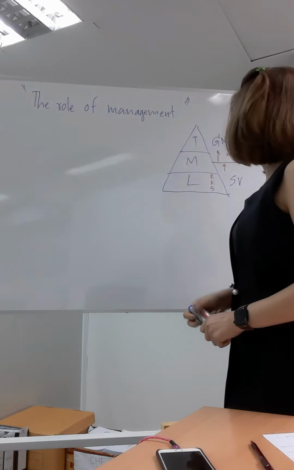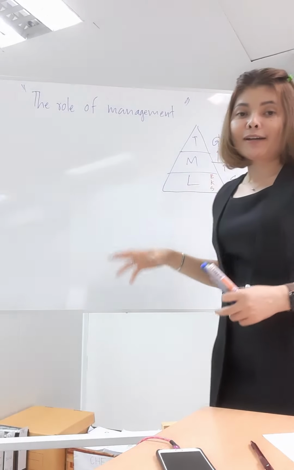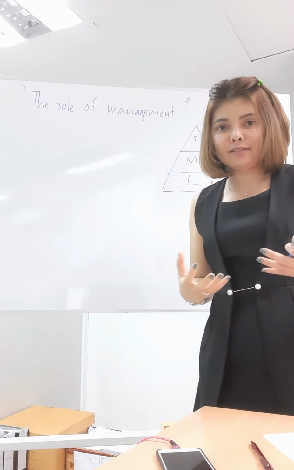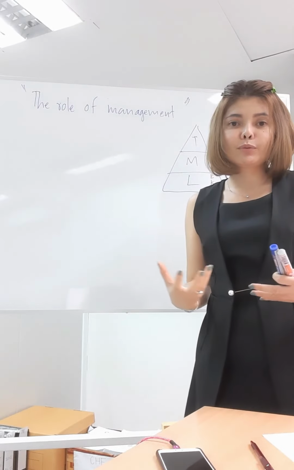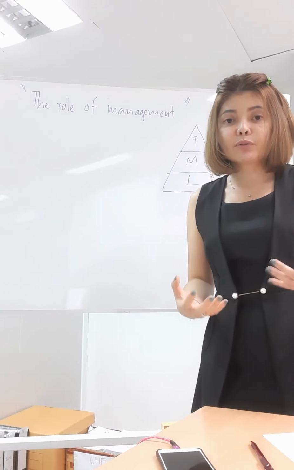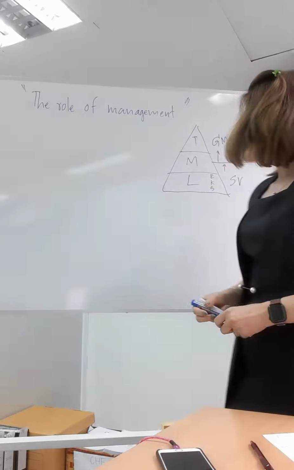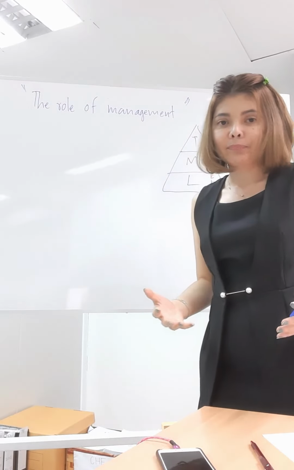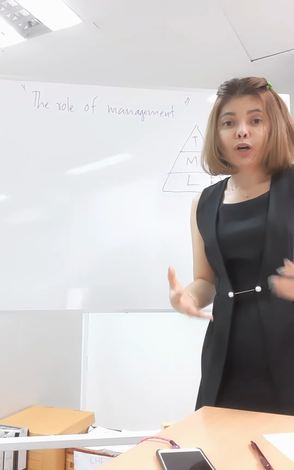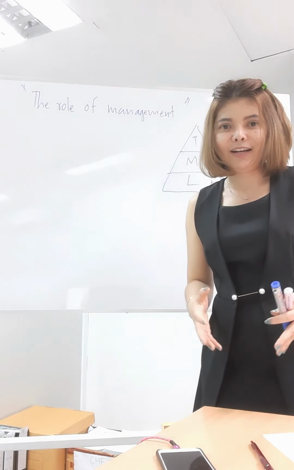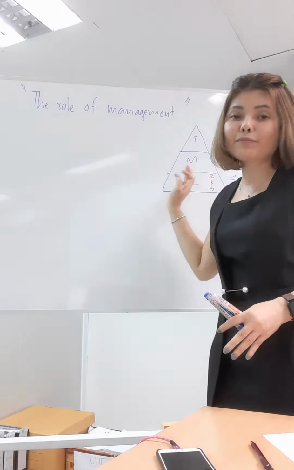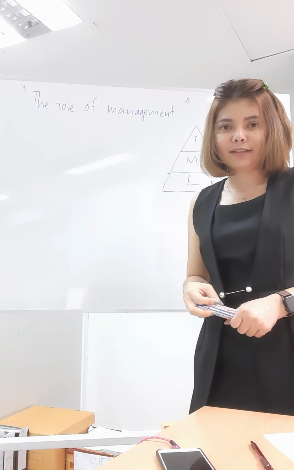So the middle management have to try to become a strategist for the top management and try to make a good strategy for the company. It is easy to say that the middle management have to change something.